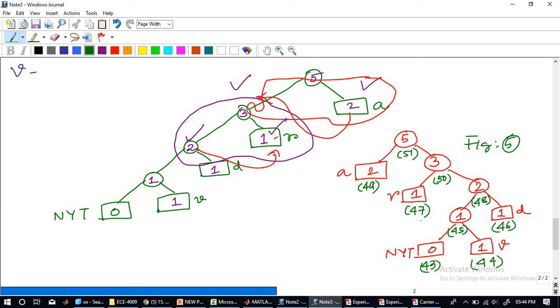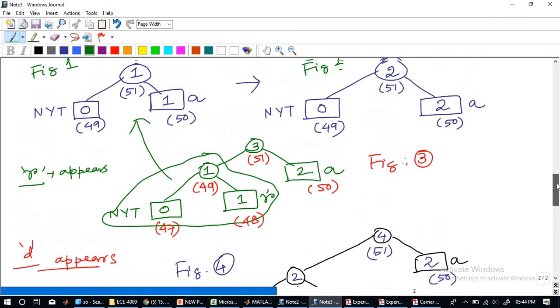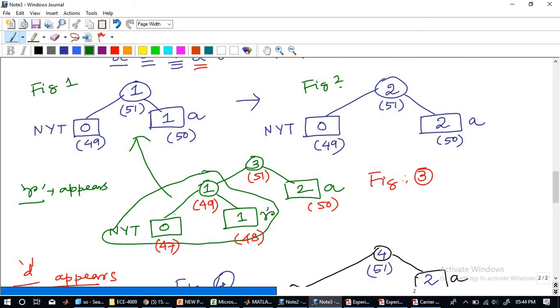Shatatul, tell me what problem here. R? Okay, let me see where R appears. Okay, R appears. Right hand side is greater, right? Right hand side is 2.